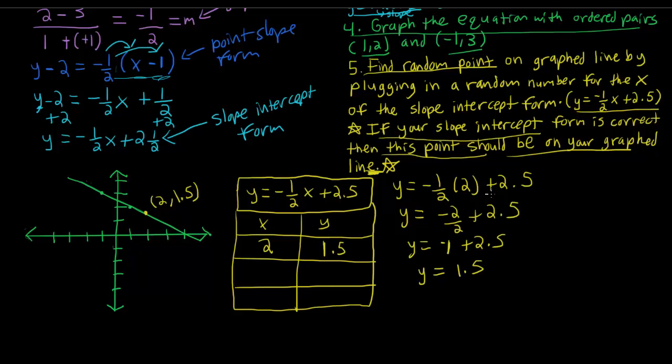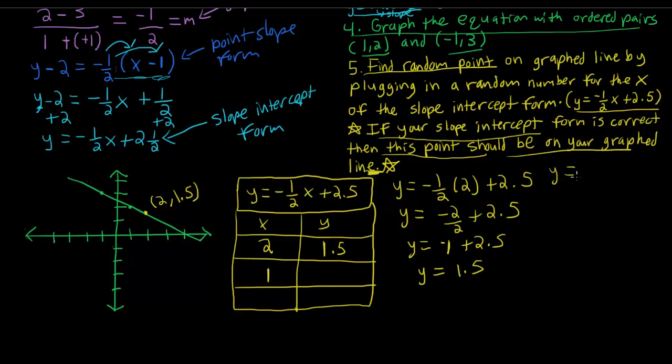And just to check our original graph points, we had 1, 2, and negative 1, 3. Just to check our slope, we can plug those in. So the first ordered pair is 1, 2. We can take the x value of 1, put it in here, and evaluate that.